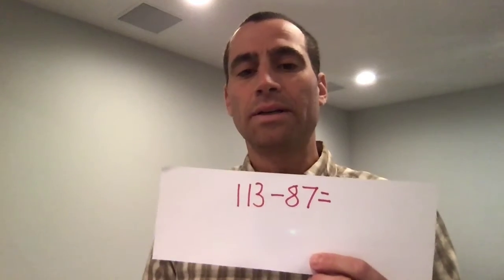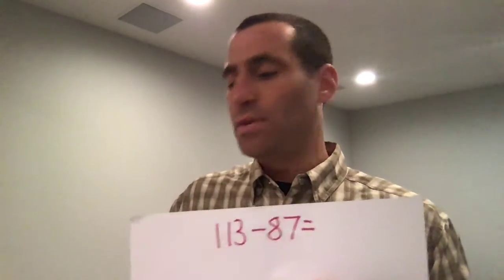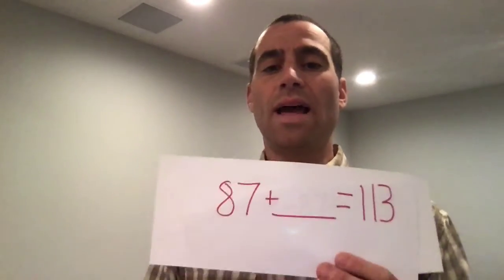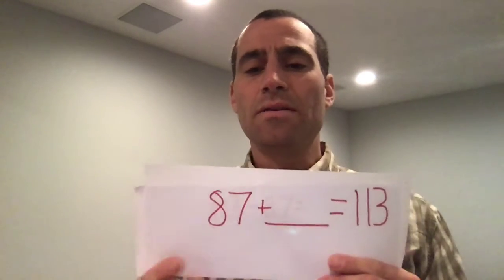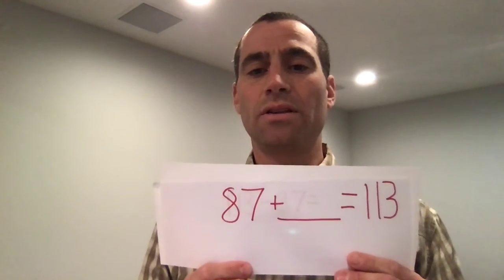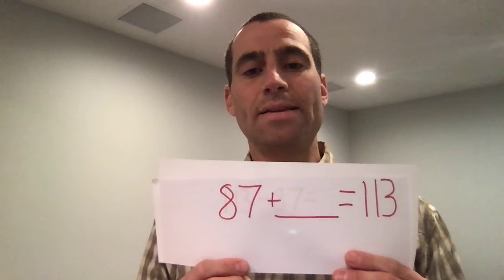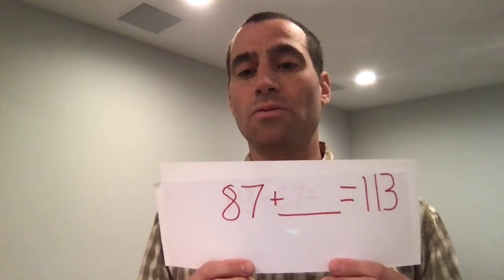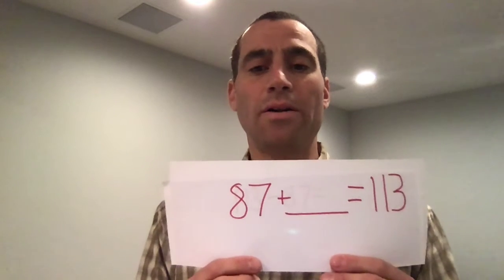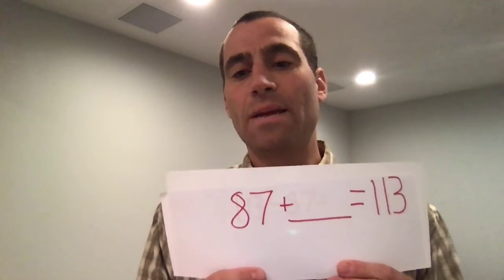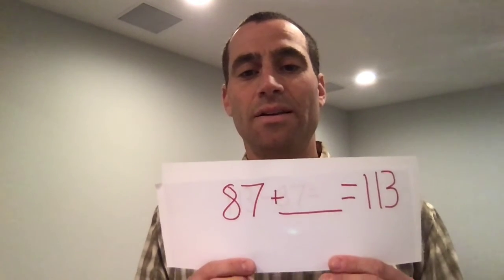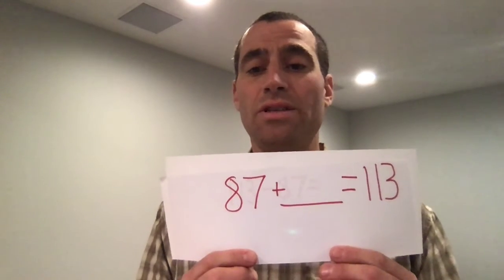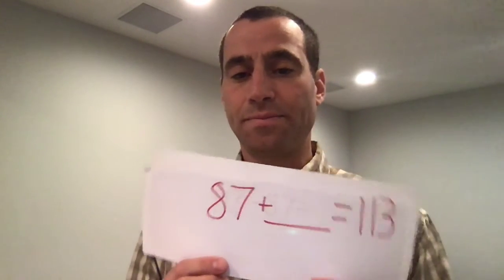I don't think I'm going to practice decomposing a number. Instead, I'm going to flip this around and think of it as 87 plus what equals 113? Well, I can use what I know about 10. 87 plus 13 is 100. Oh, well, now I just have to add another 13, and I'm at 113. So, therefore, I've added 2 13s, or 26.